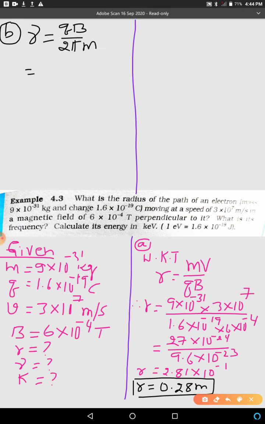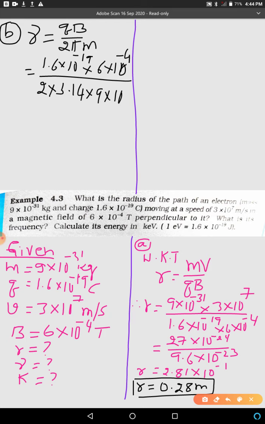So that is equal to q, that is the charge, 1.6 into 10 power of minus 19. What is the magnetic field strength? 6 into 10 power of minus 4, divided by 2 into 3.14 into mass, that is 9 into 10 power of minus 31.